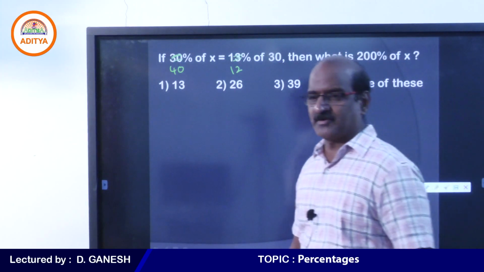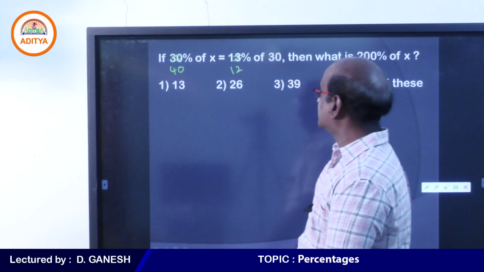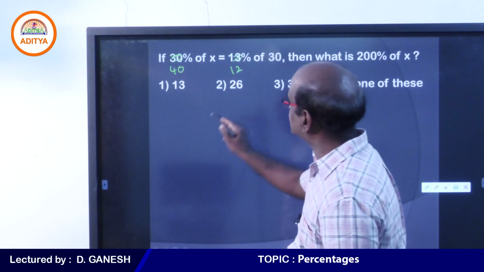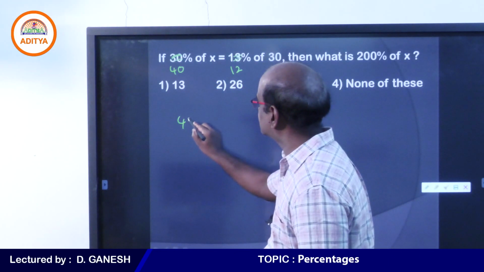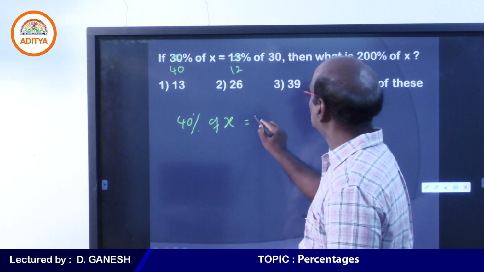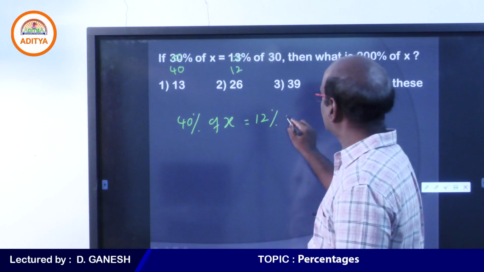So what is going to be your answer? Come on student, if this is the case, then how do we do it? The question is something like this: 40% of x is equal to 12% of 30.